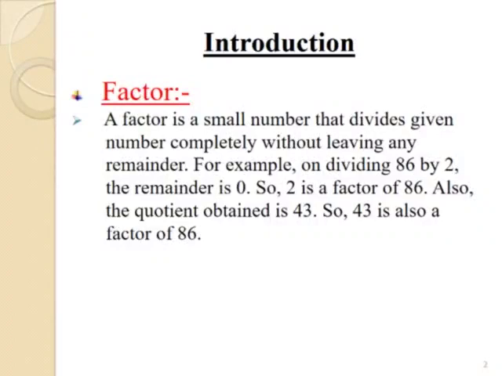So 1, 2, 4 and 8 are the factors of 8. Thus, in simple terms, we can say that the numbers that are being multiplied are called the factors of the product.